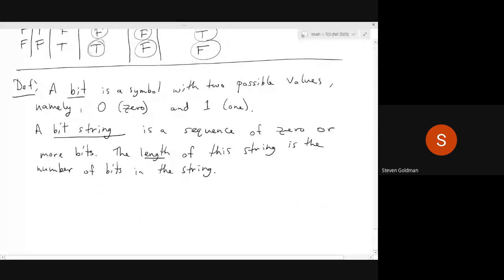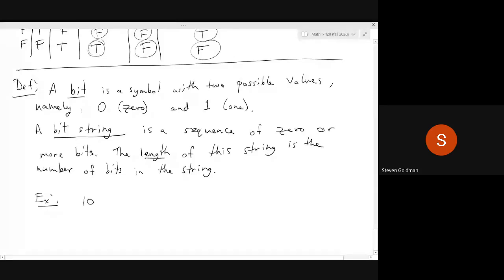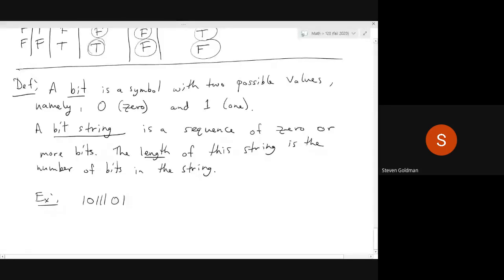And so, for example, let me give you an example of a bit string. So again, a bit string is just a sequence of zeros and ones. So that would be an example of a bit string. All right, and its length is the number of bits that it has. So 1, 2, 3, 4, 5, 6, 7.